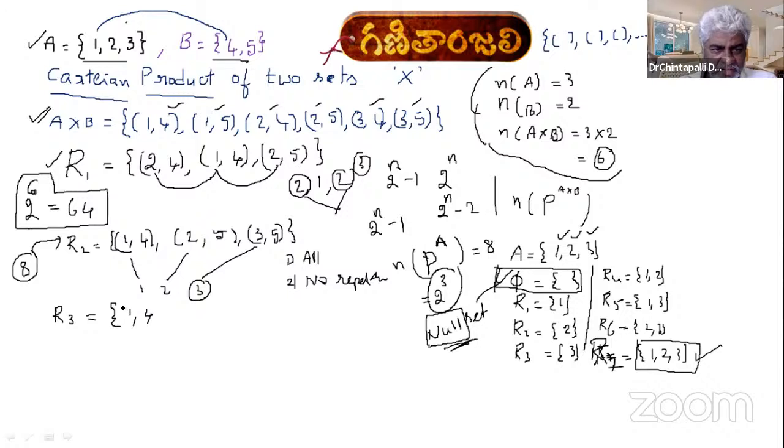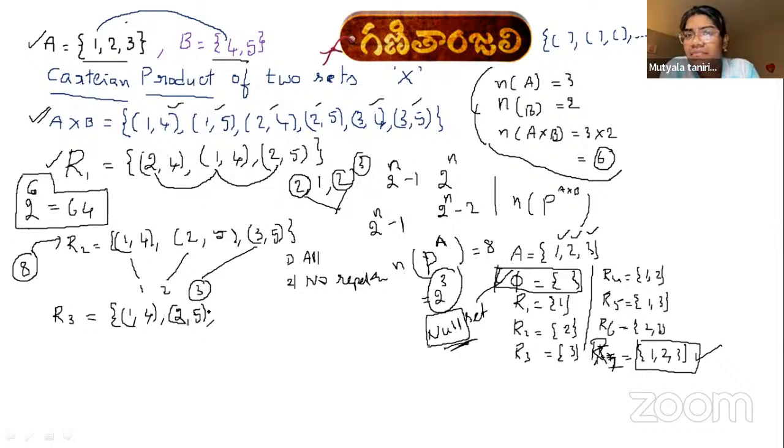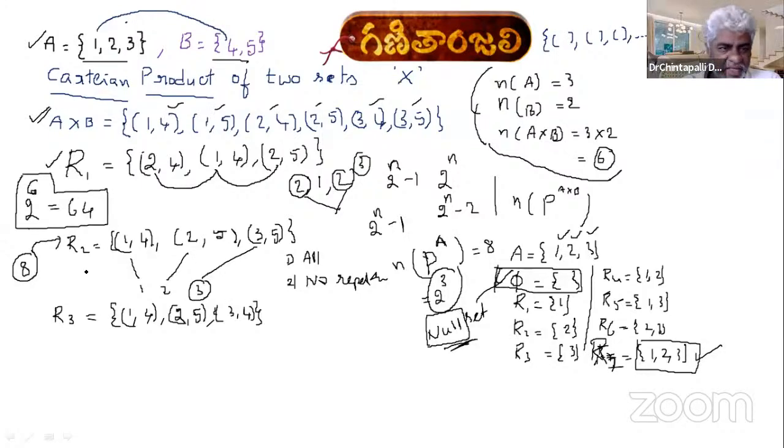Very good. 2, 5. Of course, you may write 3, 4 also. But if you stop there, you missed the element 3. All the elements in A are used, and no repetition of elements in A is there. Next, tell another subset.